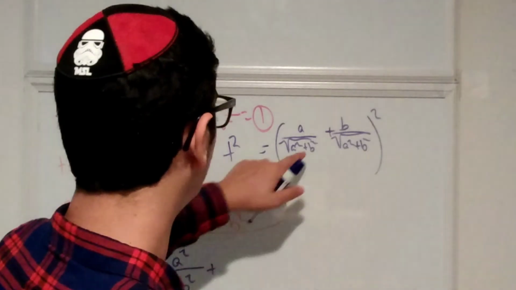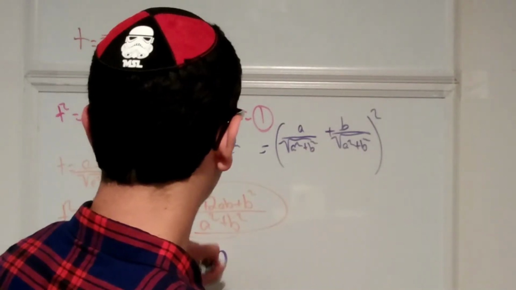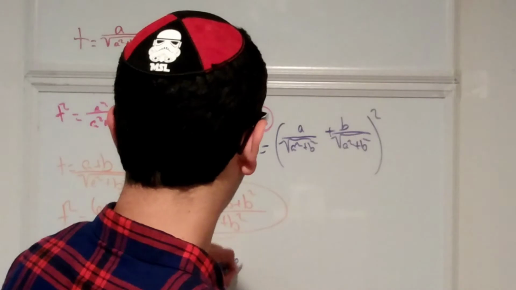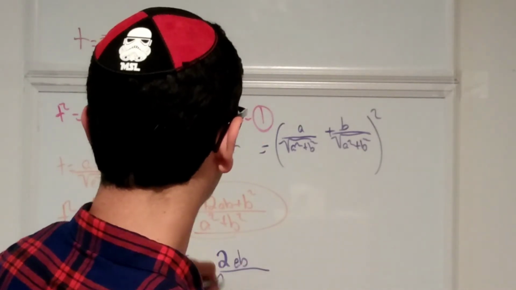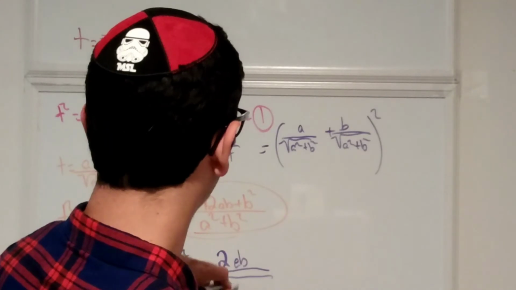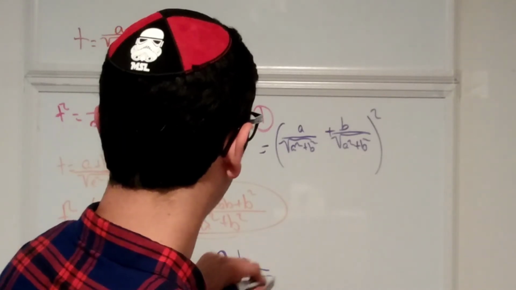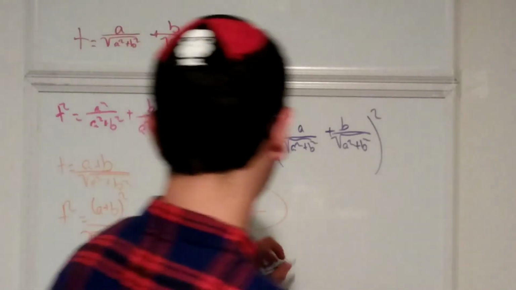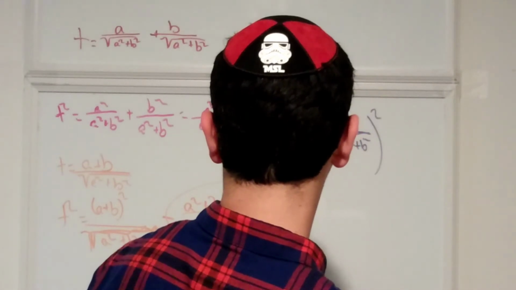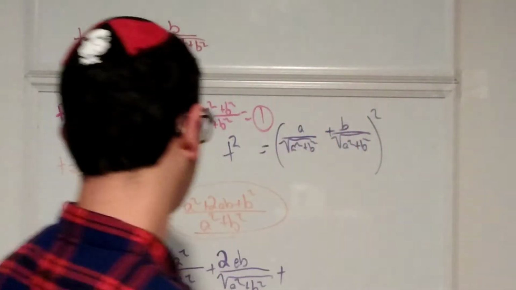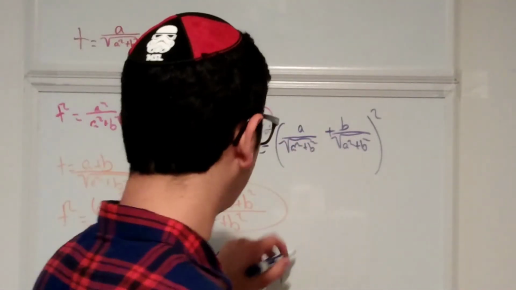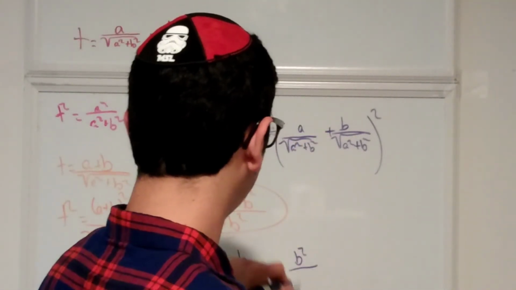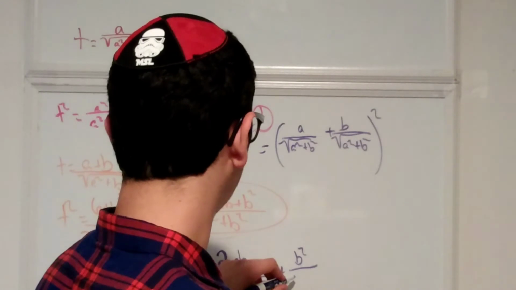And then 2ab would be 2ab over the square root of a squared plus b squared, plus b squared, which would be, this shouldn't have the square root underneath it. I'm going to get back to that, over b squared, and b squared is this right over here.